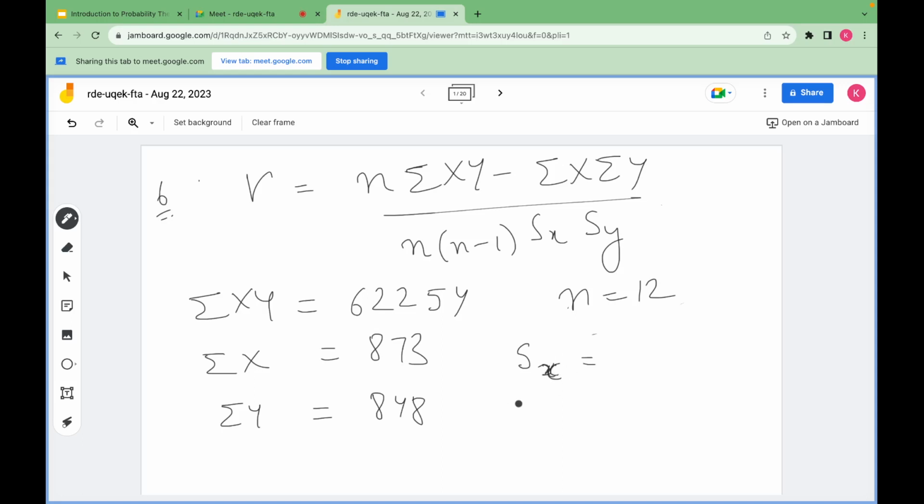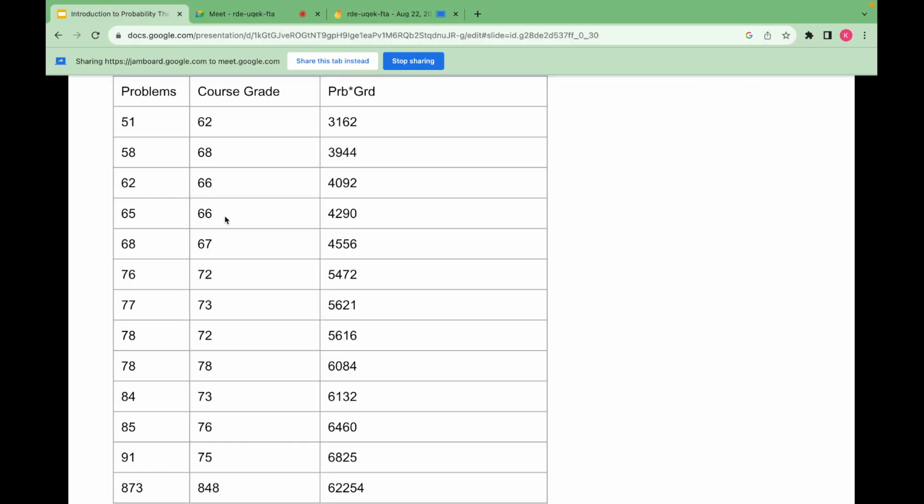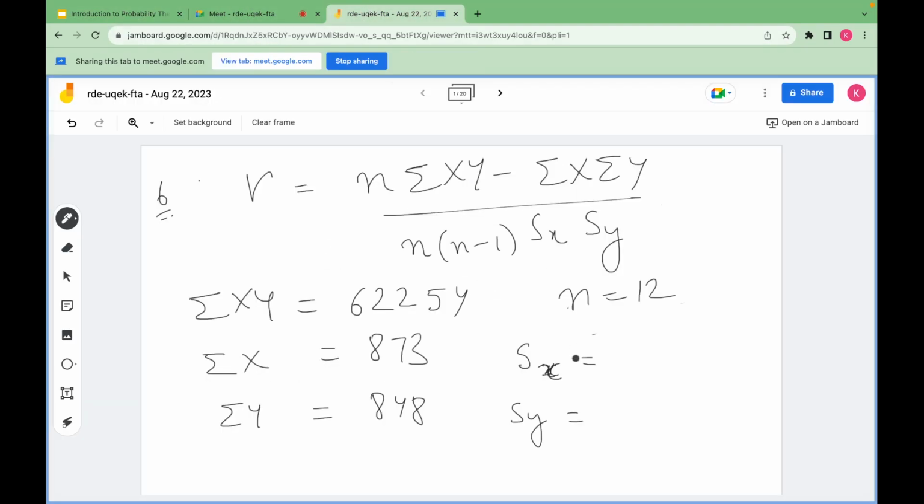I think you guys can find this Sx and Sy from this data. And on putting all these values in this equation, we will get R to be around 0.885. And this is a positive value.